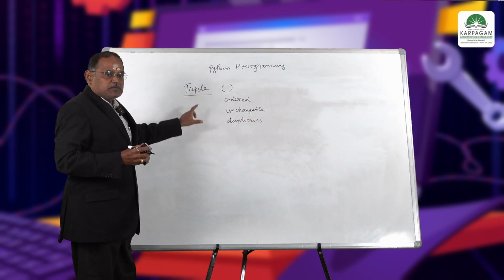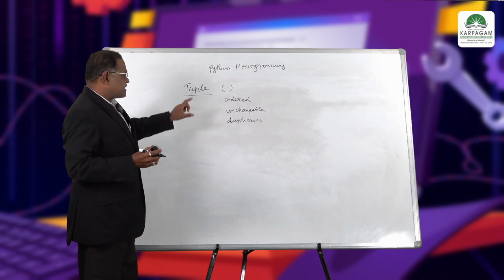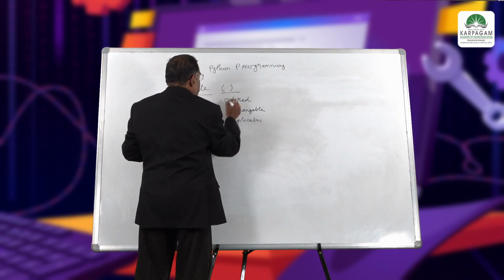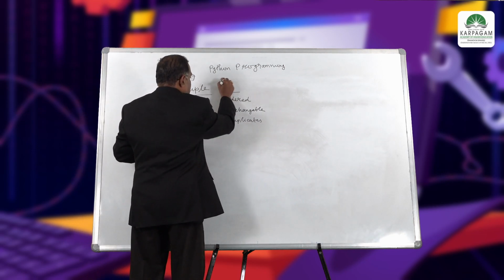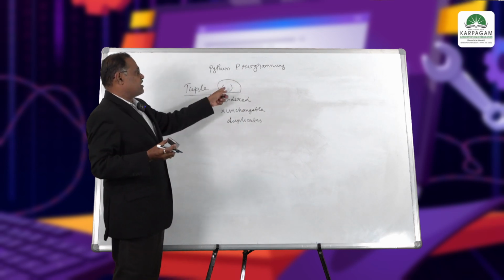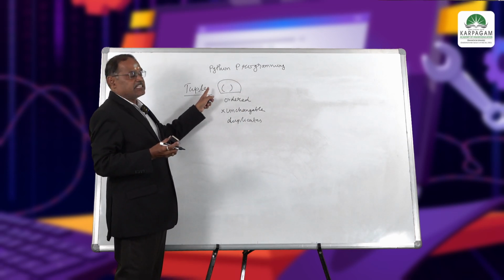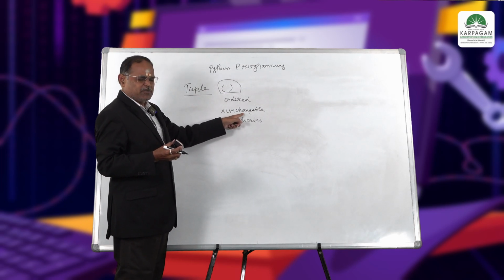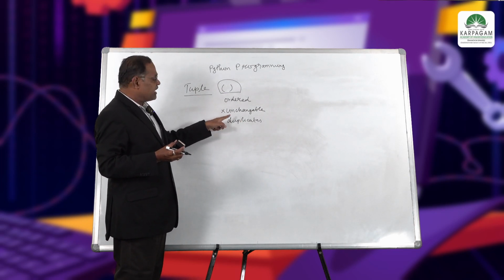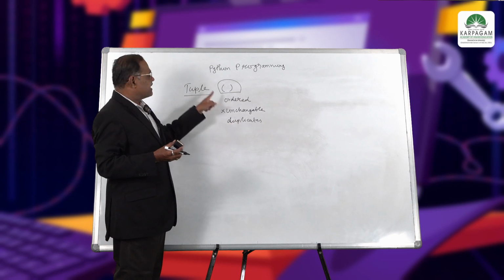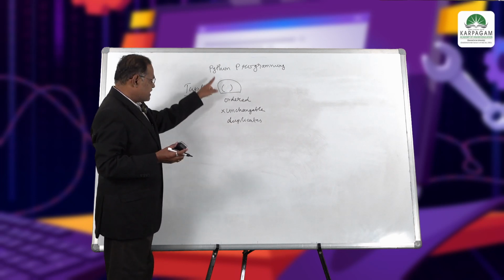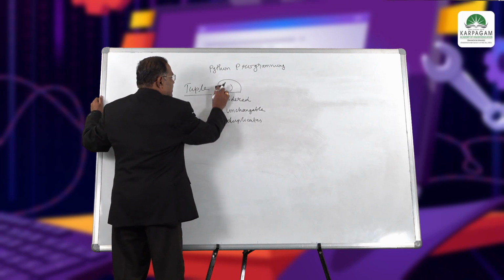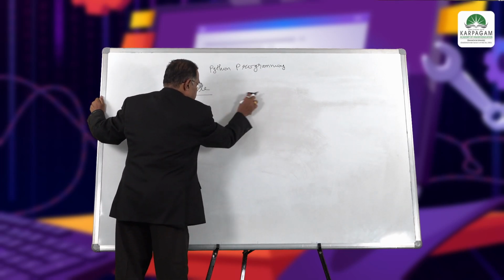This also executes similarly to a list, but the difference is, first, we have to change the symbol for the initialization of a tuple. Then the list is a changeable one, tuple is an unchangeable one. It also allows duplicates, while a list will not allow duplicates. These are the major differences between list and tuple.